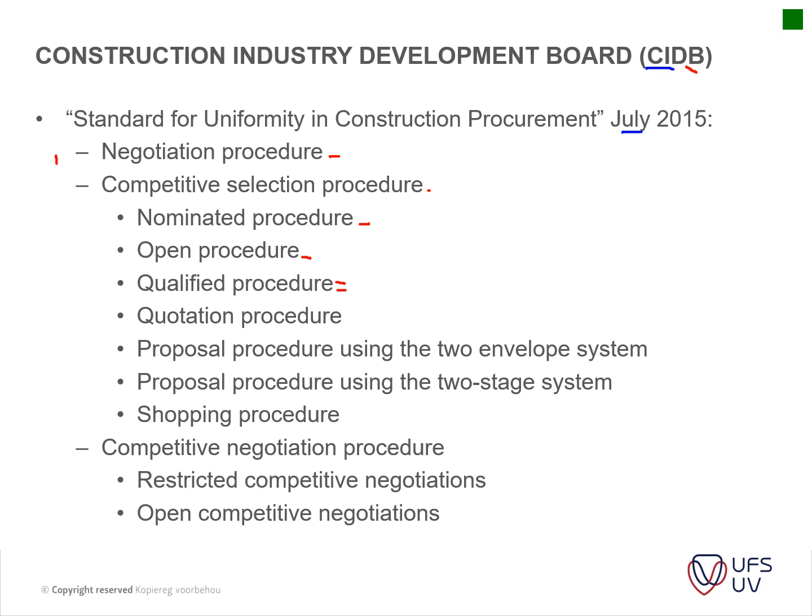Then you've got your quotation procedure, where you usually don't have a design, so you put out an advert that people can do a design and a quotation to install this building.